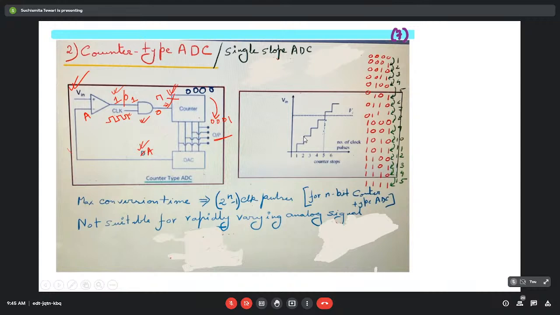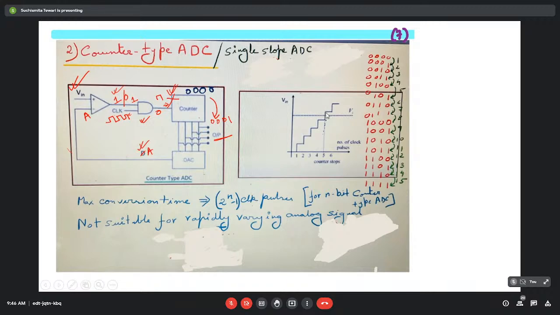Again it is less than V in, so the output is 1, the clock pulse is fed to the counter, and it counts to this level. Here also it is less than V in, so it will increase its count to this level. Again this is less than V in, it will increase its count to this level.